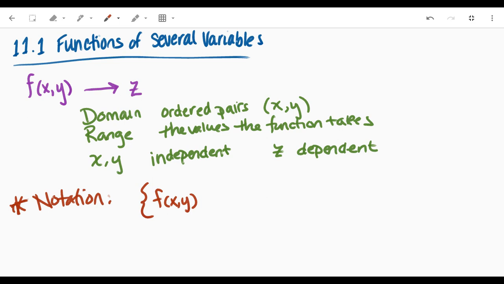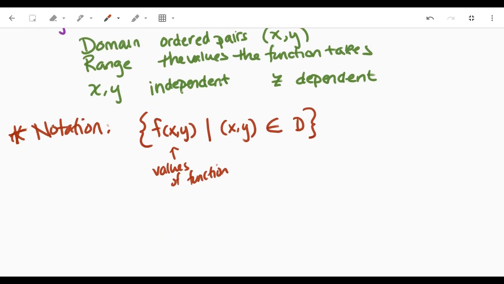Your function f of x, y exists. That's a little sign that you should know, okay, or are in the domain. So it's like your set notation. This is the values of the function, which would be the f of x, y. You don't have to worry too much about this, so you'll see how it's used in some examples.